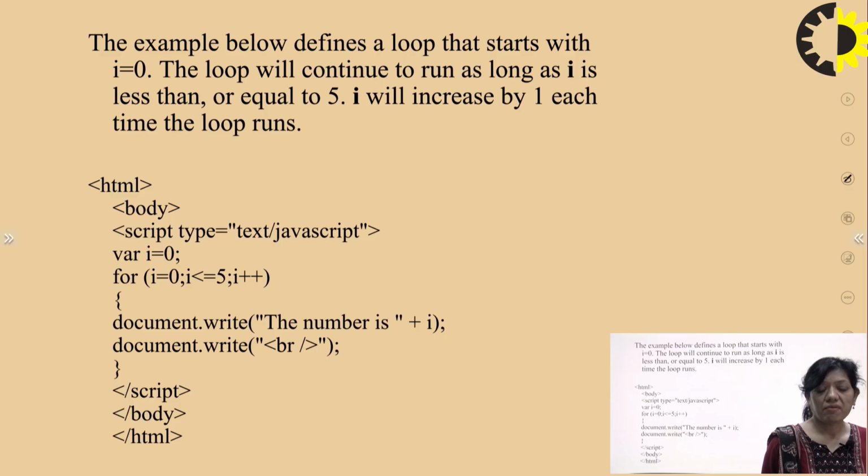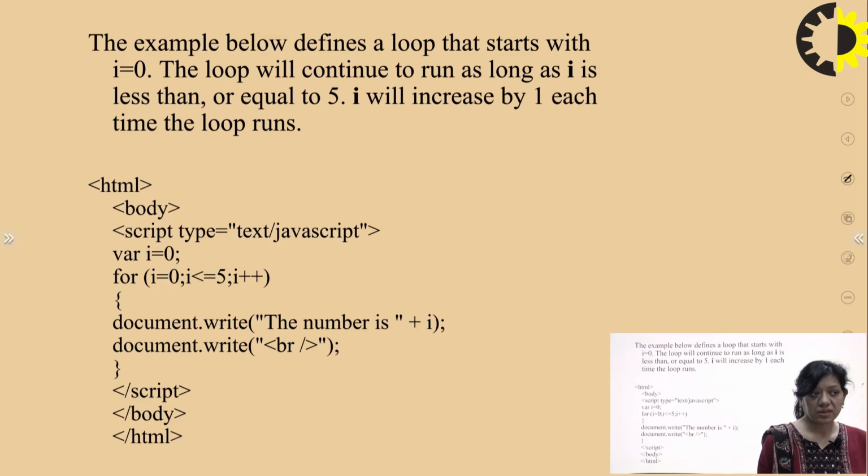When the value of i becomes 5, the condition evaluates 5 is less than or equal to 5, the condition is true, and the value is printed. Then the value of i would be 6, then the condition is checked, 6 is less than or equal to 5, the condition is false, and we terminate the loop. This is how a for loop works.